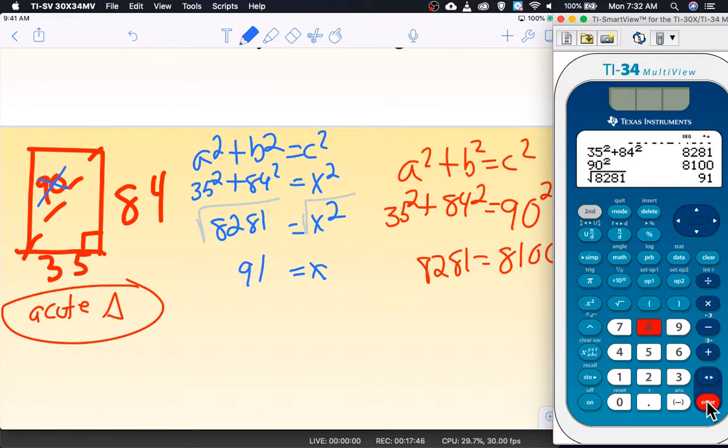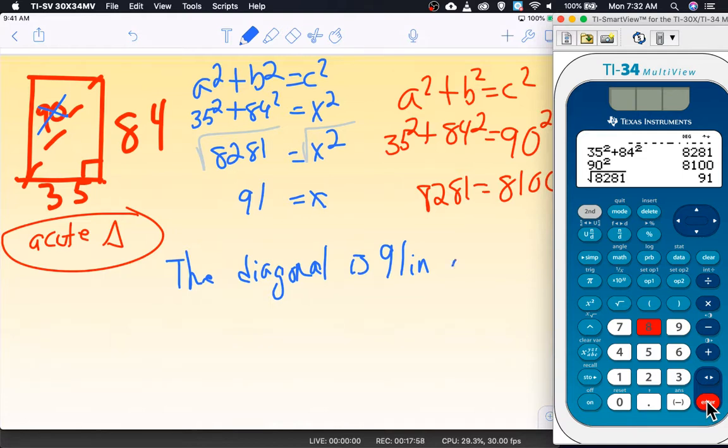So if the hypotenuse, or the diagonal, is 91 inches, the door is a rectangle.